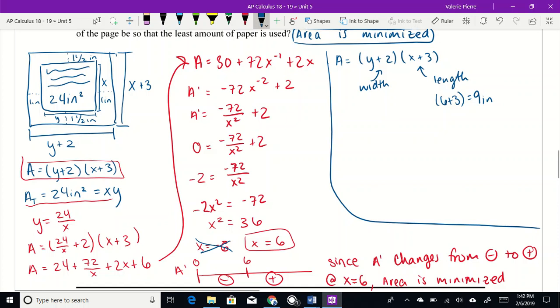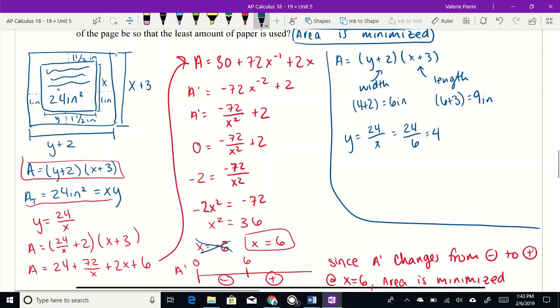So we know that y equals 24 over x, which would be 24 over 6, which equals 4. So since y equals 4, we can plug that in here. So we have 4 plus 2, which is equal to 6.